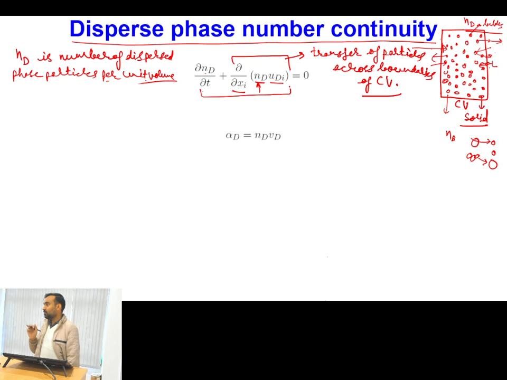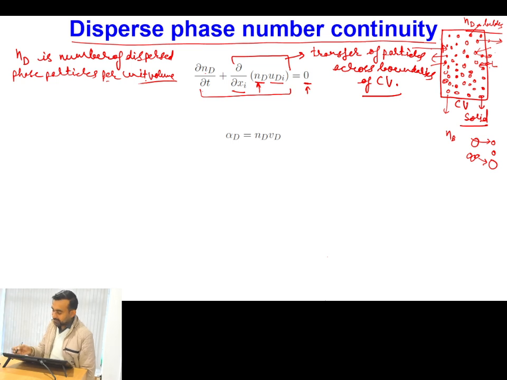Now one important point. Earlier, whenever we were writing any particular phase equation, we were using a source term. Now we are not using the source term, because at the moment we are assuming the particles are rigid.